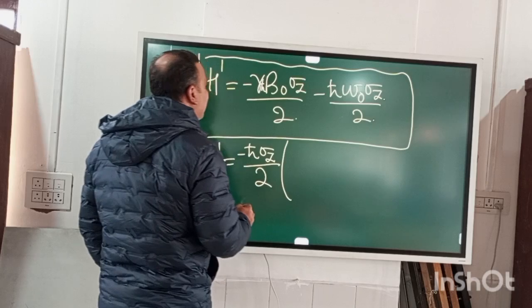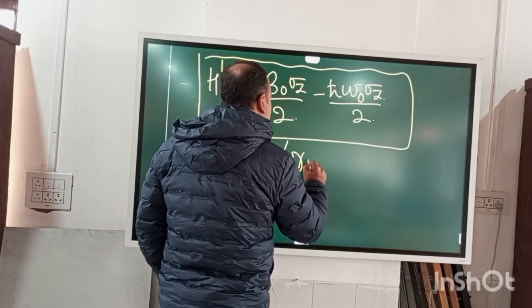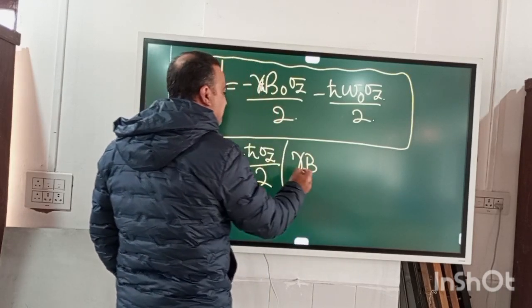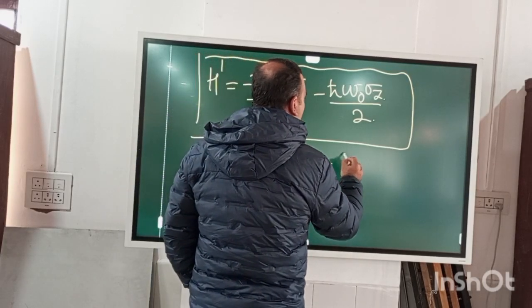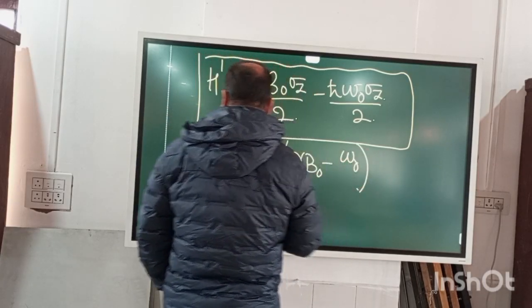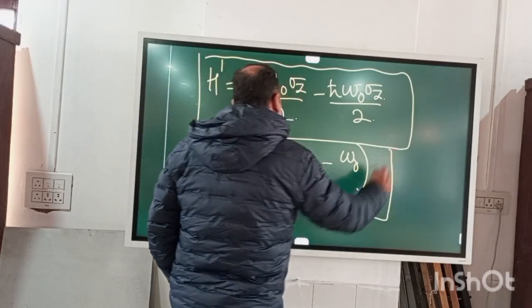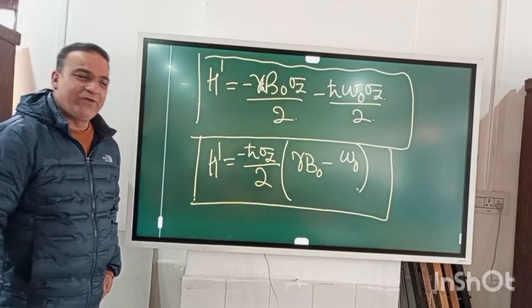So inside I'm left with gamma b naught minus omega naught. So this is my h dash in a rotating frame of reference.